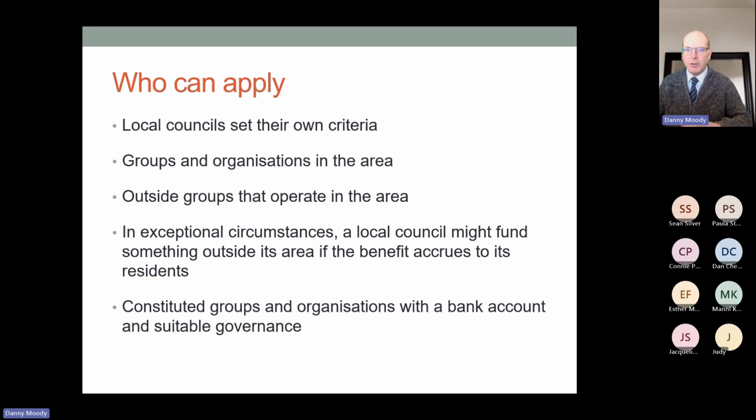Now, if there's a voluntary or community sector organisation that covers a wider area than a single community, a single parish, then a parish council could engage with that organisation, but only if that organisation can demonstrate that there would be a benefit in that parish council's area.